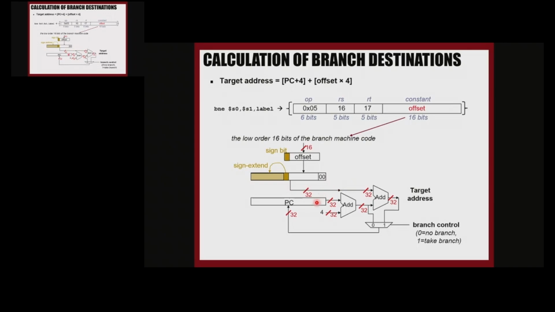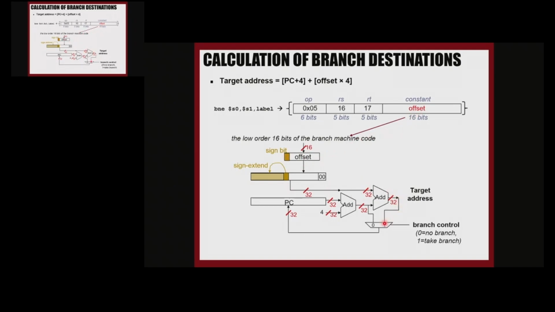Then you have PC plus 4. This is exactly the hardware that we have in the fetch phase. Later when I show you the CPU architecture, you can see that we have a PC and an adder literally placed in the fetch stage. So PC plus 4 is happening here. Then I do that addition anyway, so I have a PC plus 4 and a PC plus 4 plus offset multiplied by 4.